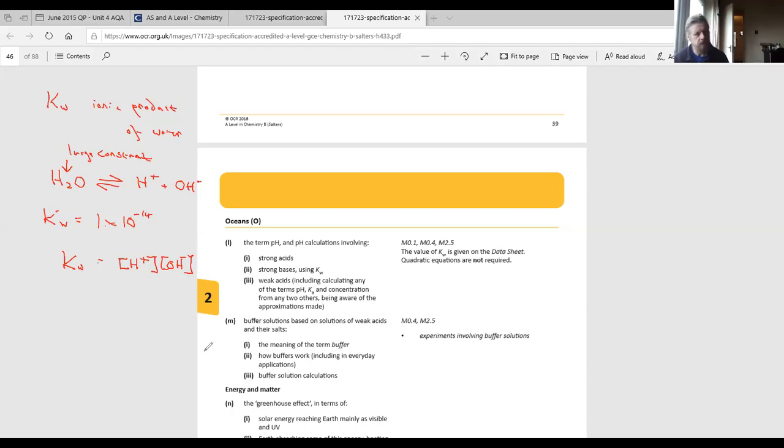So we know what that is, and we know what that is. You can work out the H plus very easily for strong bases. I don't know what OH is. Well, that's going to be whatever alkali or base you decide to add, so sodium hydroxide. We'll use 0.04 again.